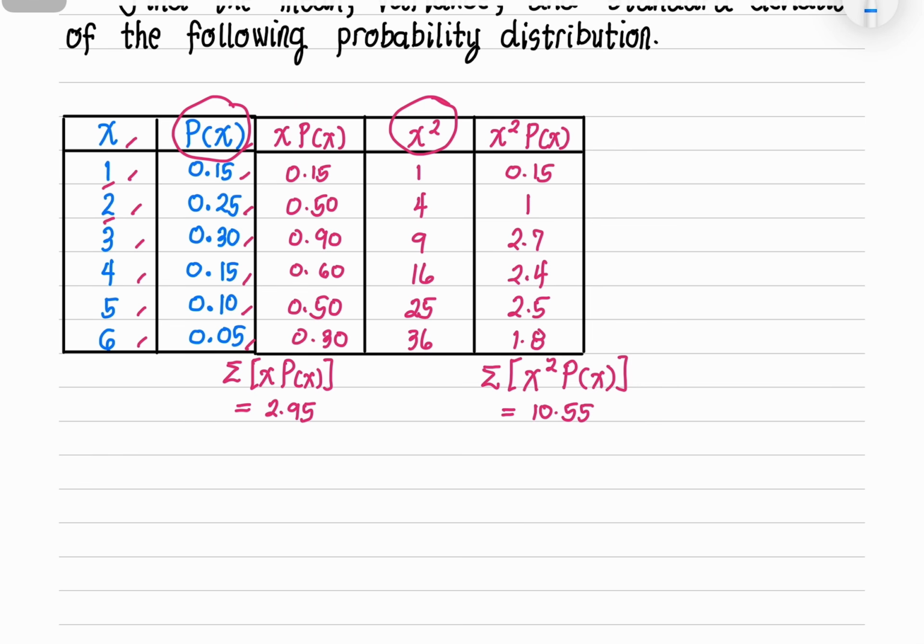So now, using the formula, we have sigma square. Okay, so solve natin yung variance. Since meron tayong mean dyan, which is 2.95, so yung variance natin ay, the formula is given by sigma square is equal to the summation bracket, so x squared times the corresponding probability, subtract by the quantity, the summation of x times the probability of x close square.